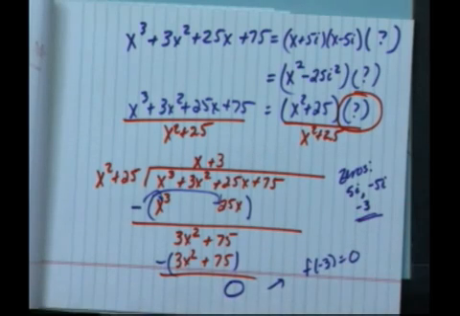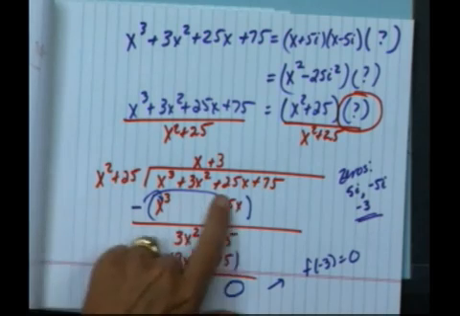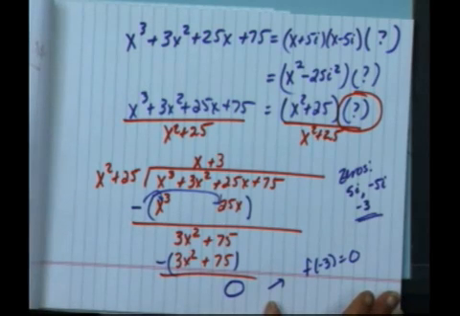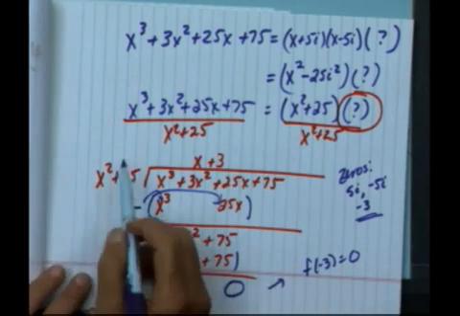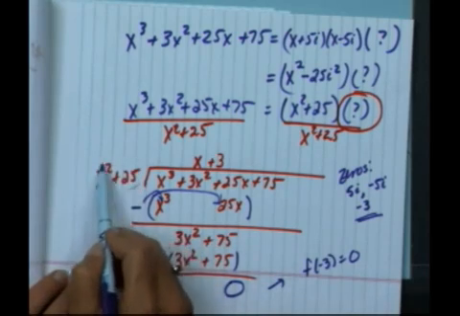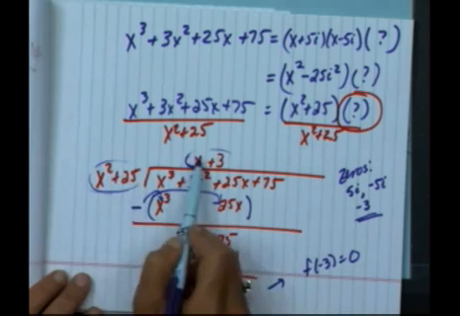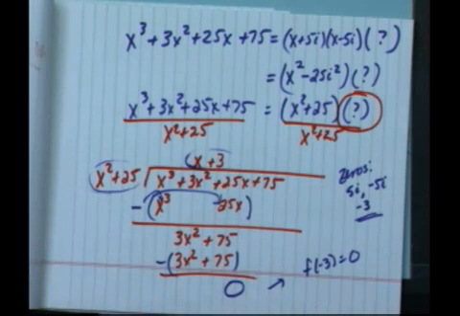But if we wanted to write our polynomial in factored form, linear and irreducible quadratics, x squared plus 25 times x plus 3, a linear and an irreducible quadratic, would be how we would write it in factored form.